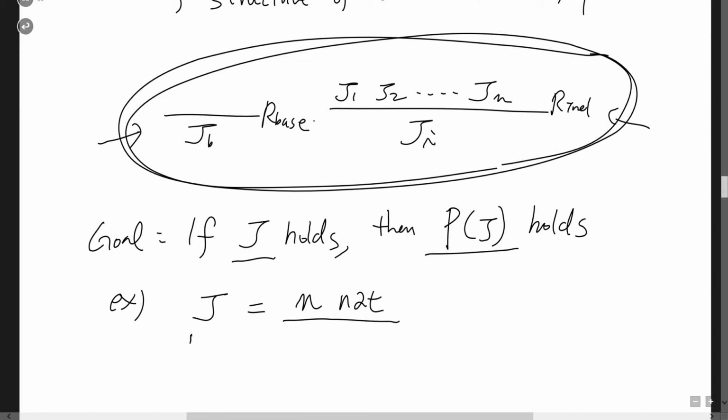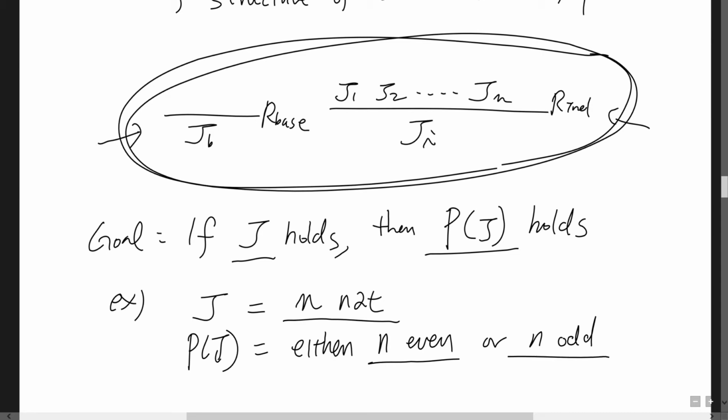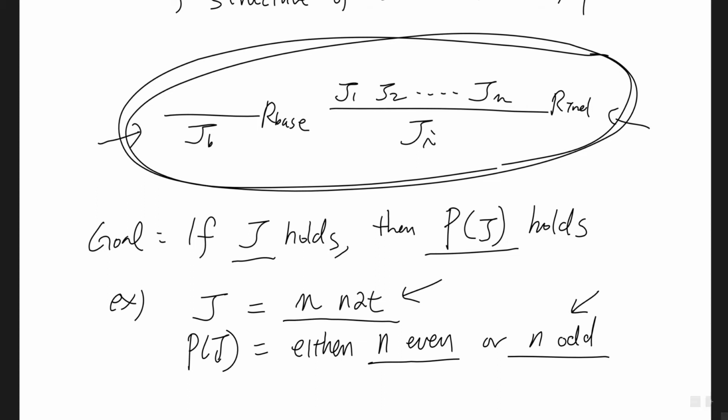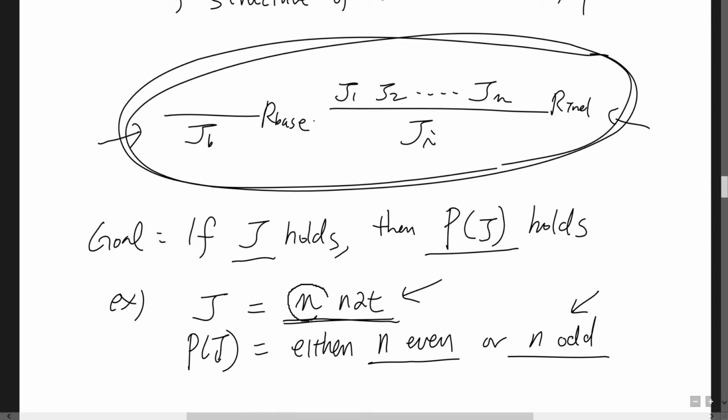Then we could have P of J as either n is even or n is odd. So we start with a judgment, and then we obtain another judgment, which is parameterized over the first judgment. So for instance, if we change this syntactic object into n prime, then this should change to n prime, and this one should change to n prime as well. So that's what I mean by parameterization over this judgment J.